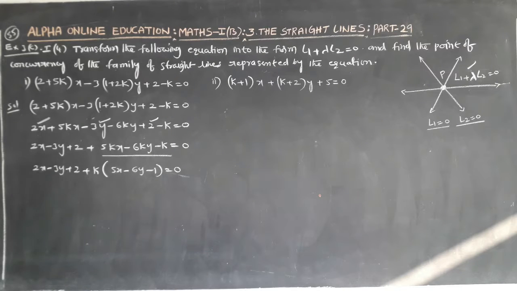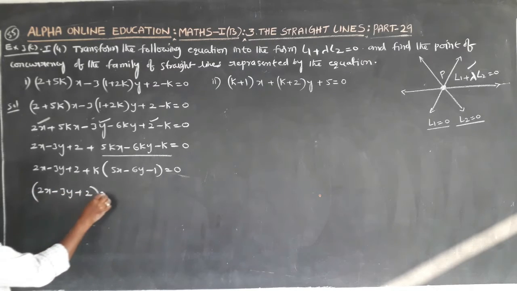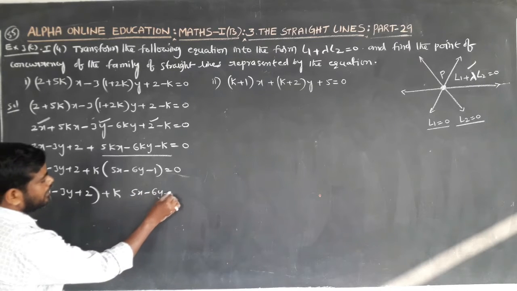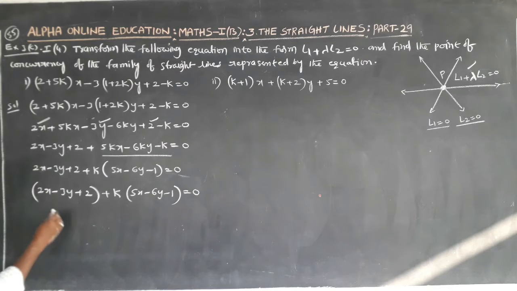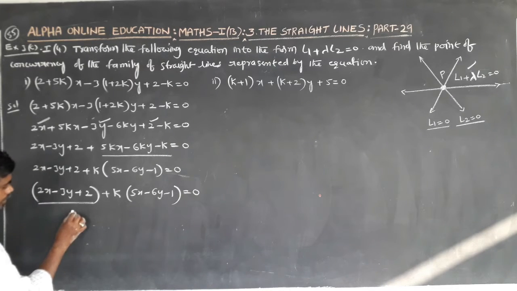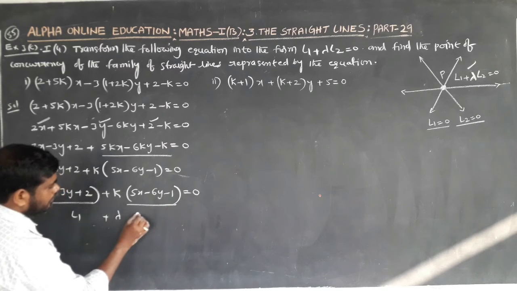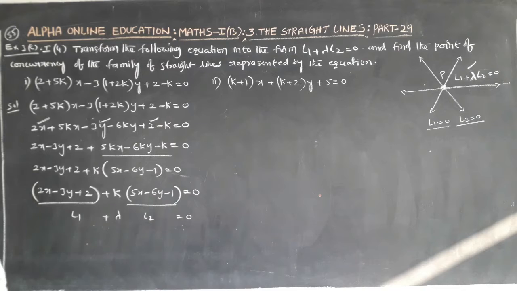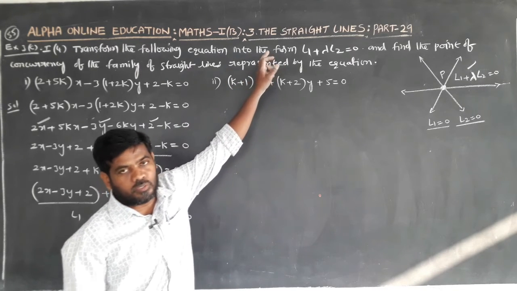So 2x minus 3y plus 2 plus k into 5x minus 6y minus 1 is equal to 0. This is the form of L1 plus lambda L2 is equal to 0.